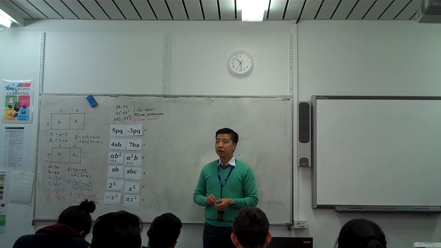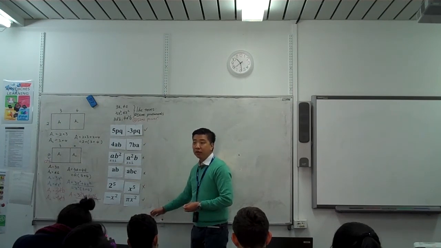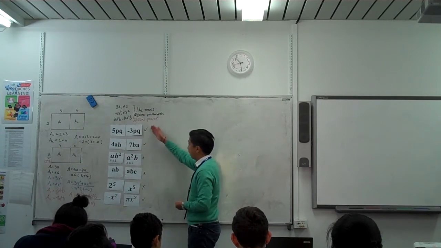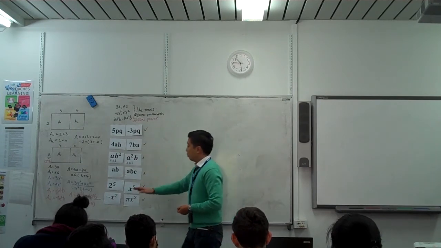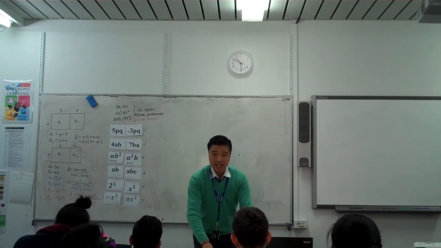Okay, good. Now, if they are like terms, we can do some calculation. The reason why we want to have the like terms is we want to do the calculation. Okay? We're gonna make the questions easier.